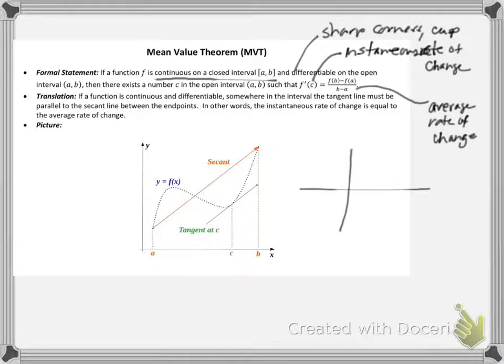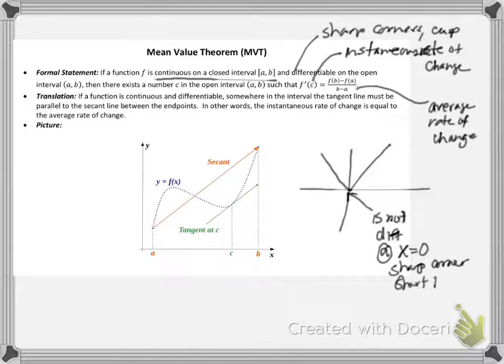All right. An example would be this. If I had the absolute value graph here, this function is not differentiable at x equals 0 because there's a sharp corner here. We call it a sharp turn, or we can even call it a cusp. That means it's sharp and then it takes off in a different direction.